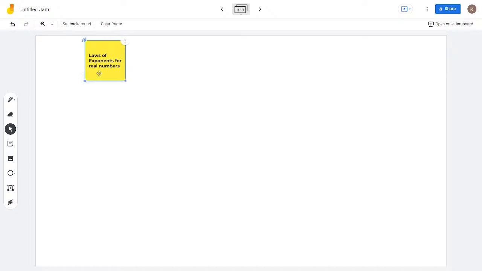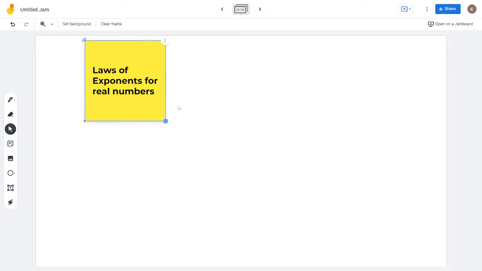What are the laws of exponents for real numbers? Do you have any idea? And do you remember how we simplified the terms in our previous lectures, like 17 square times 17 to the power 5?